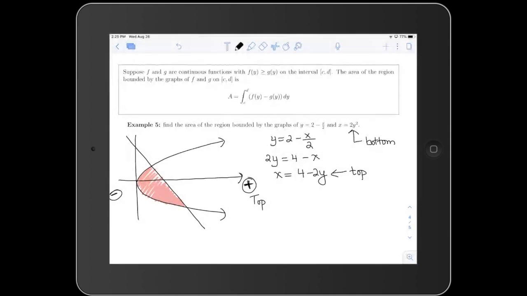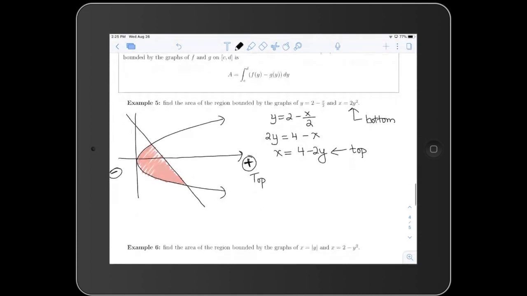Again, fundamentally, nothing is different from what we've done before, except that you think about the rotation of the plane. That's all that happened. We relabeled our axes. Now x is dependent, y is independent, and it might be a little bit more challenging to determine which one is top, which one is bottom.